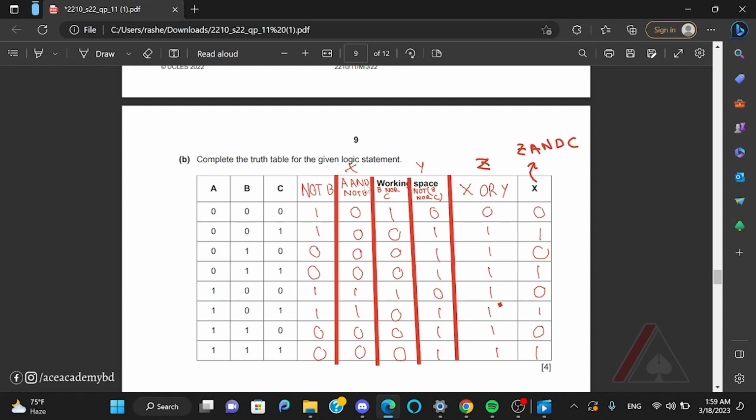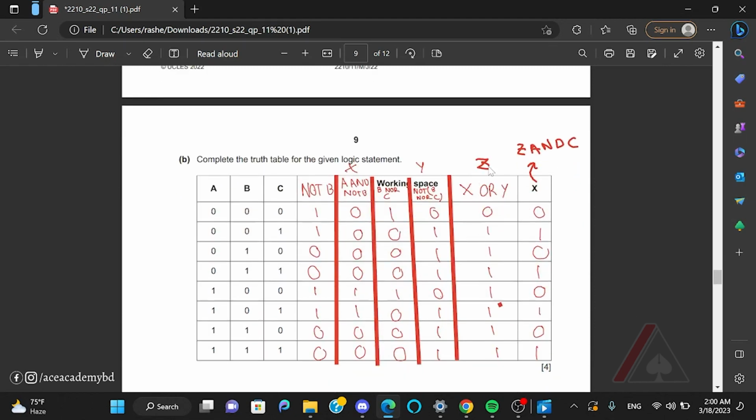So oftentimes it's actually easier to give these very big operations like A and not B, and not B nor C certain names or variables like X, Y, and Z, which essentially allows you to later perform other operations which will require these values, because it's not really practical to write A and not B, or not B nor C. Rather, you could just write that Z is equal to X or Y, which makes it much simpler, right?